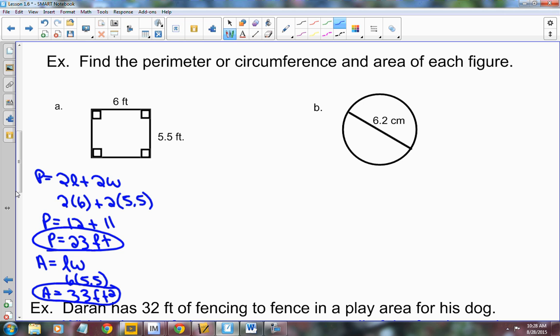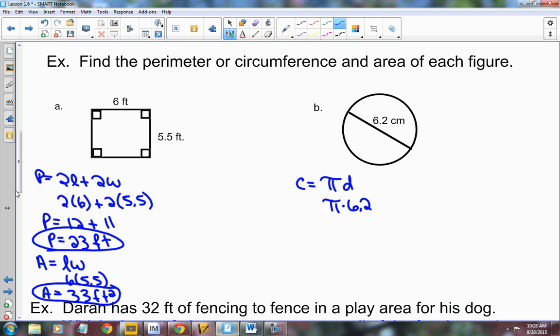Yes. Okay, so then we got circumference, which is pi times the diameter. It gives me the diameter, so I'm going to take pi and multiply it by 6.2. But I want you to find the pi button on your calculator, because I want you to use that button instead of 3.14. If it tells you to use 3.14, then that's what you need to use. Otherwise, use the pi button.